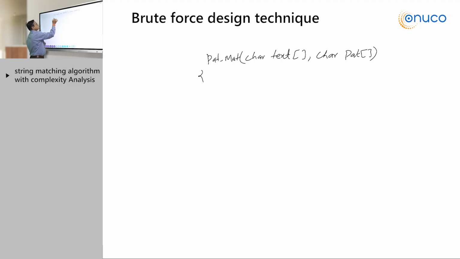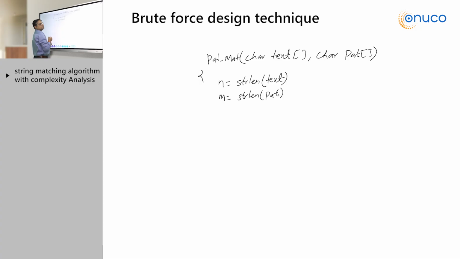And here we have N is equal to string length of text and M is equal to string length of pattern. As I said at the beginning, we require both the lengths.